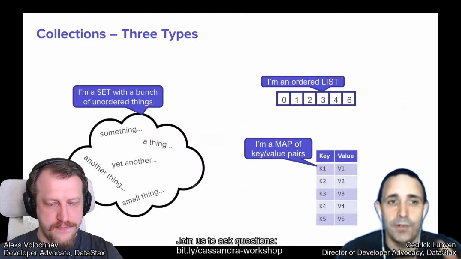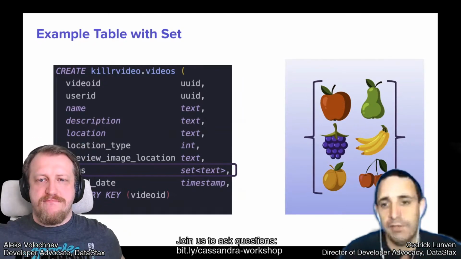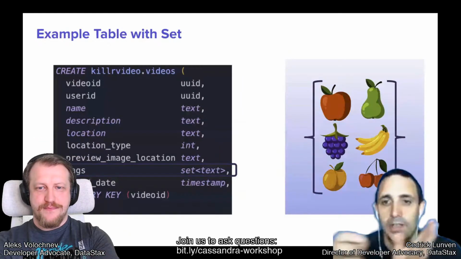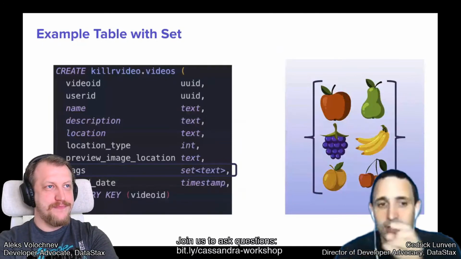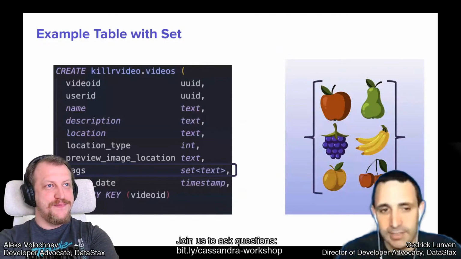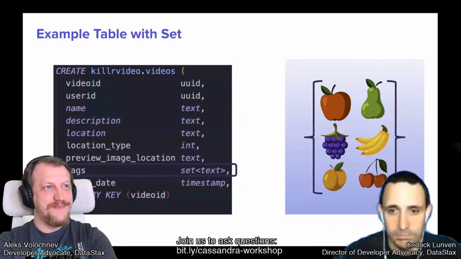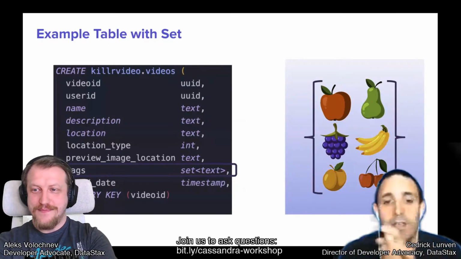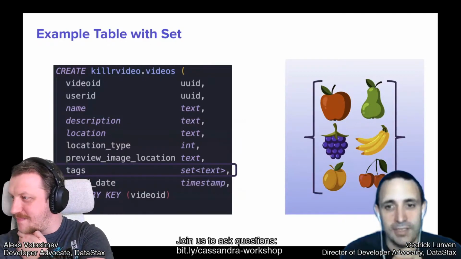First, a set is a collection where you cannot have the same value multiple times. A set will remove all the duplicates. But at the same time, a set doesn't keep the insertion order. Two things to understand: duplicates are removed, but order is not maintained.